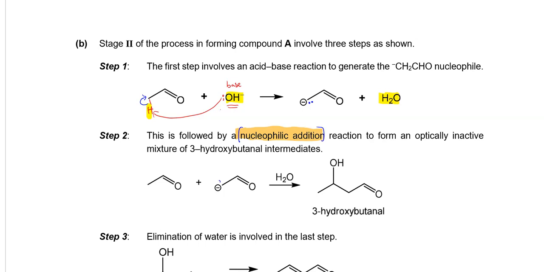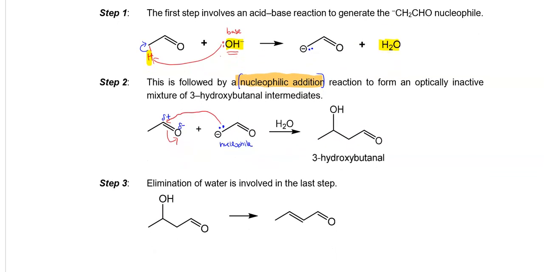So you have a nucleophile here, and the delta plus carbon here, delta minus here. The lone pair attacks this delta plus carbon. This CO pi bond breaks, and you form an intermediate which then becomes 3-hydroxybutanol.